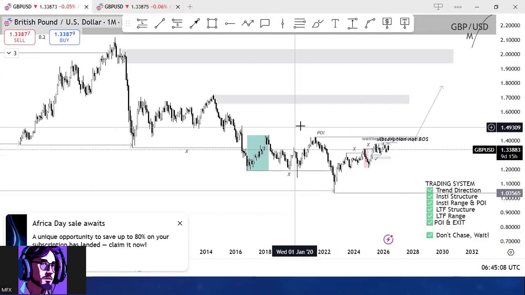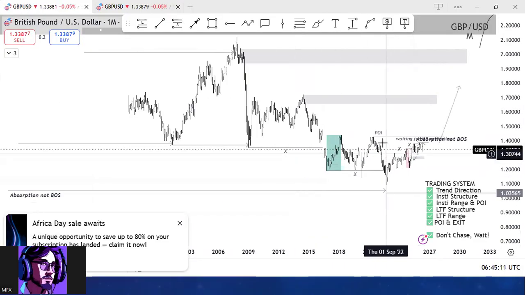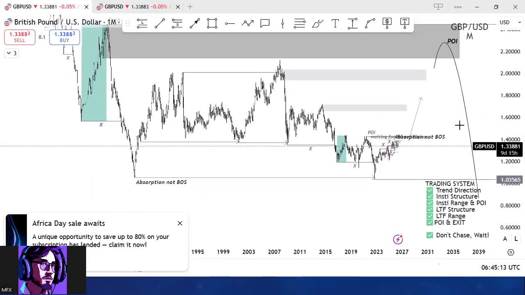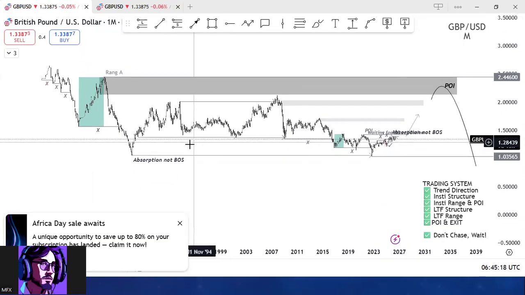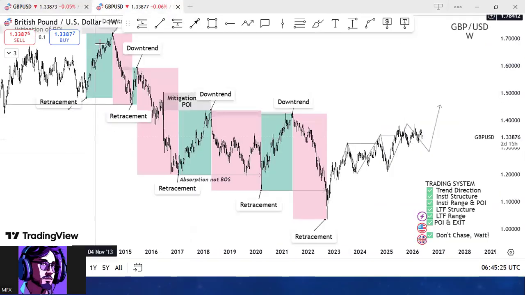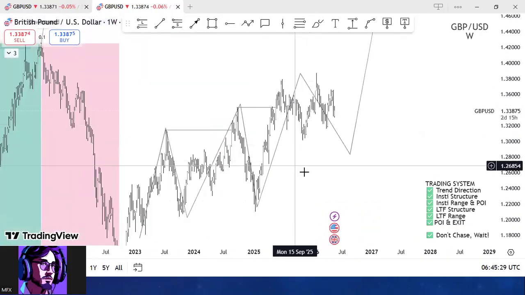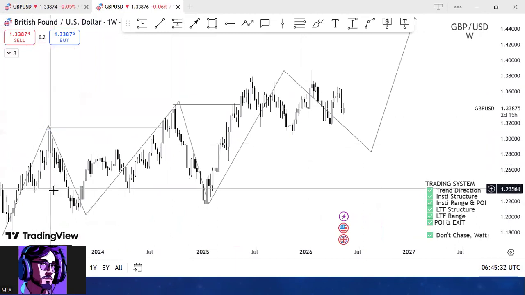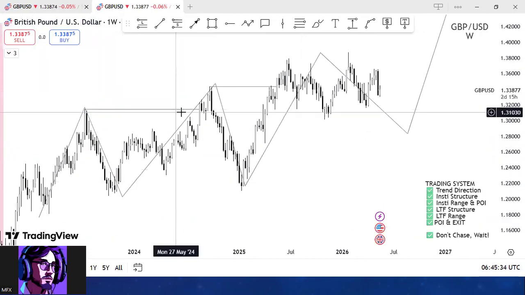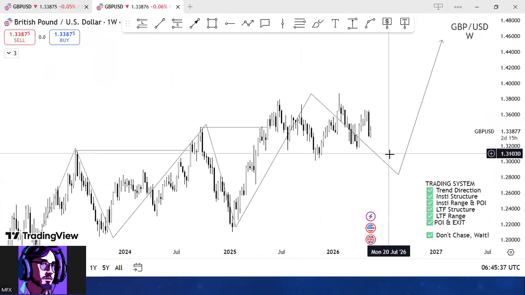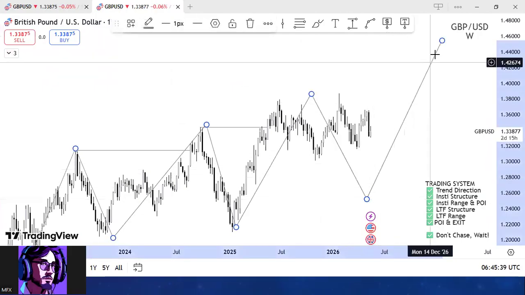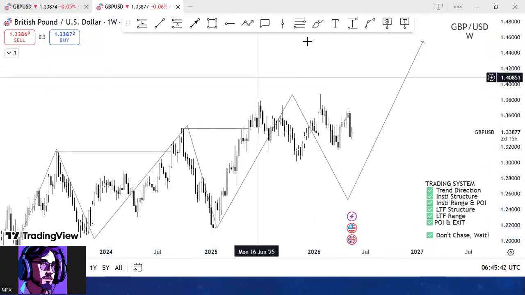So you can see there's a POI, this, and this POI. So double break of structure to the opposite side of the current price can also change trends. Break of structure one, break of structure two. And basically, because of this, I'm bullish to the opposite side. I'm bullish.